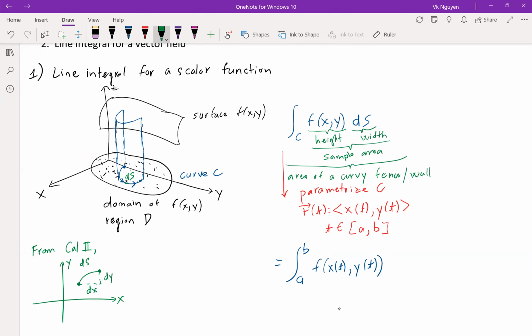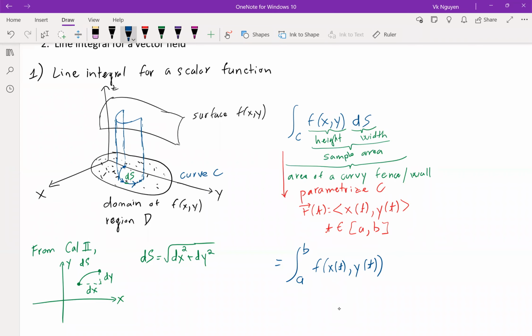What do we say here? ds, if it's very small, that's why it's d, is the root of dx squared plus dy squared. Because everything is in terms of t, there are many ways that you can do this.